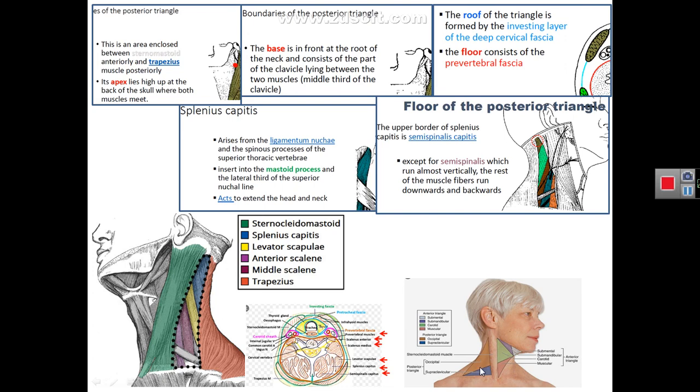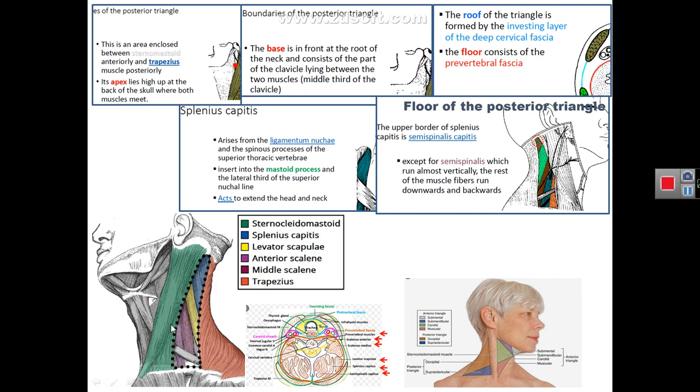The roof of the posterior triangle is formed by the skin, as you can see also here. This is a diagram which had been described to you in the last session. Deep to the skin is the superficial fascia, and deep to the superficial fascia is the investing layer of deep cervical fascia that encloses sternomastoid anteriorly and the trapezius posteriorly.